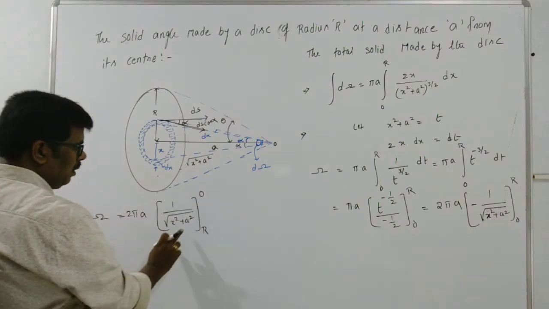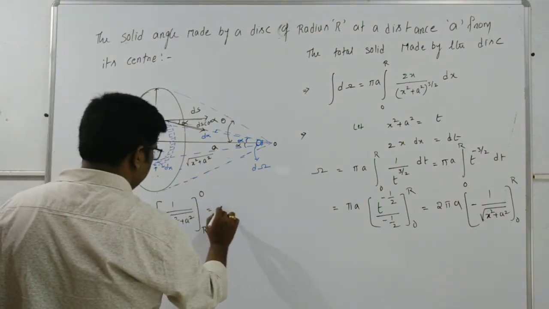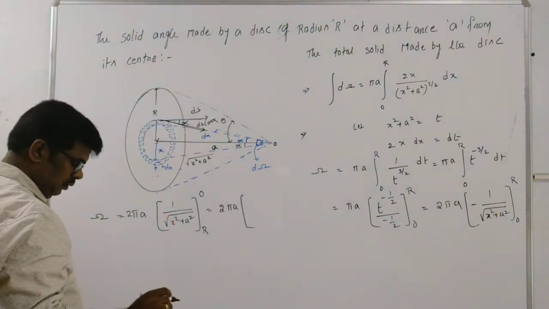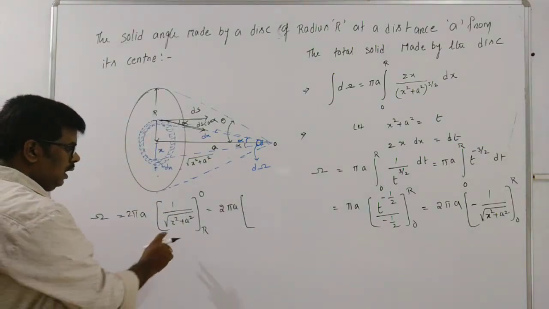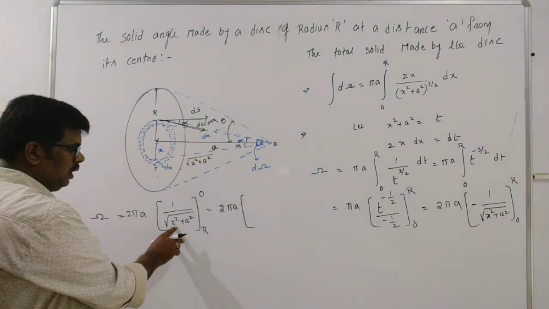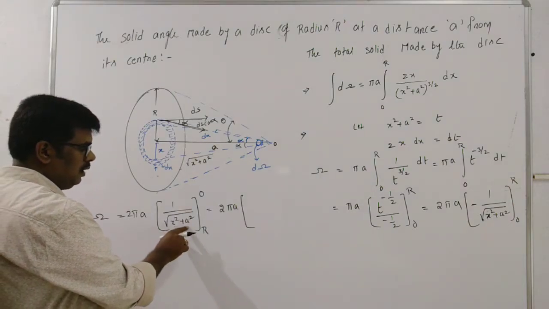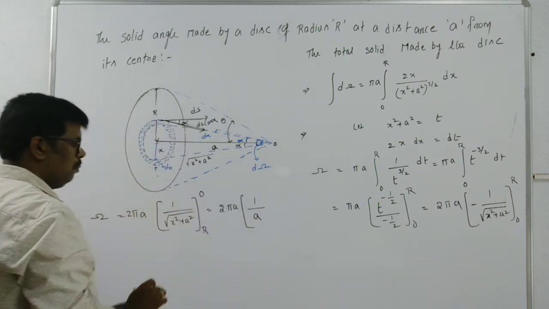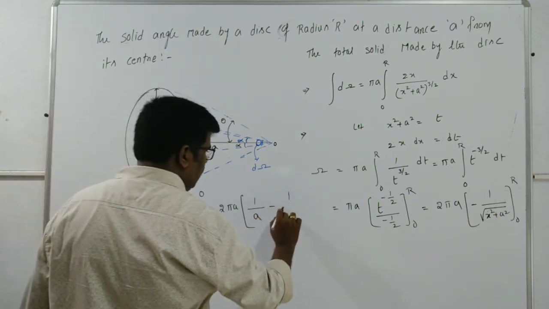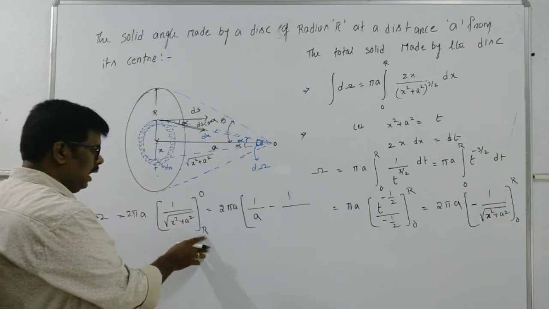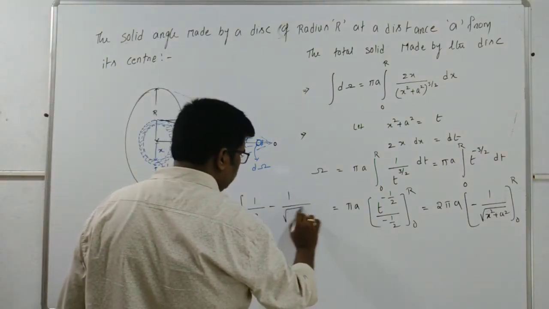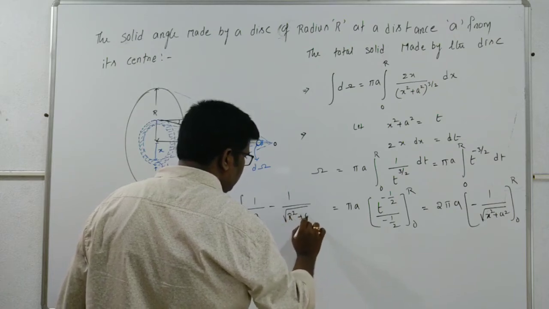First the upper limit needs to be applied. So 2 pi a into, putting x equals 0, under root of 0 plus a square, which means 1 by a, minus 1 by, putting x equals r, under root of r square plus a square.